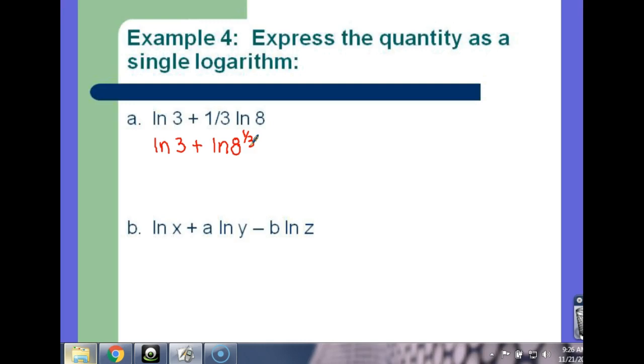Well, what do we know about 8 to the 1/3 power? It's simply 2, because the cube root of 8 is 2. So this becomes ln 3 plus ln 2, but the plus can turn to multiplication, so you get ln of 6.